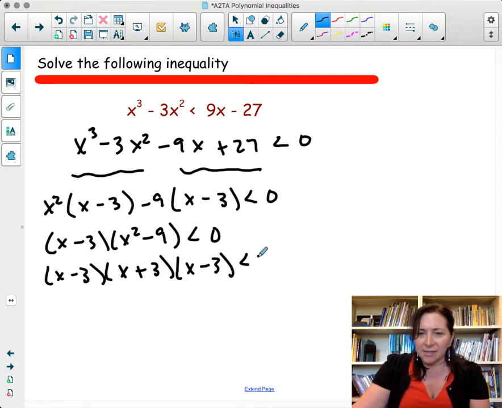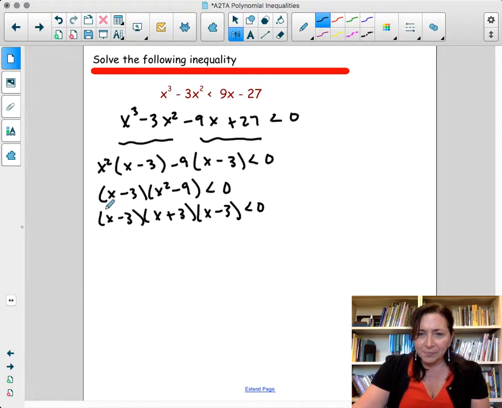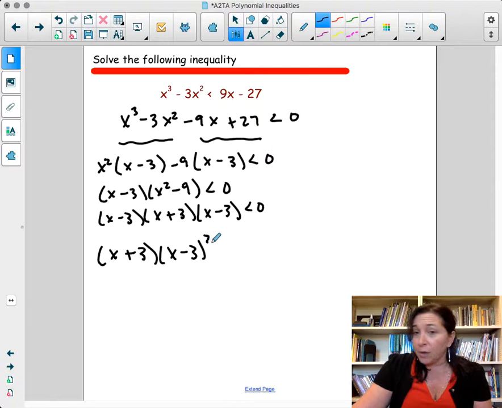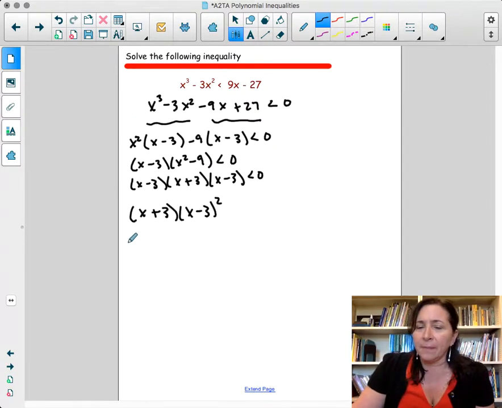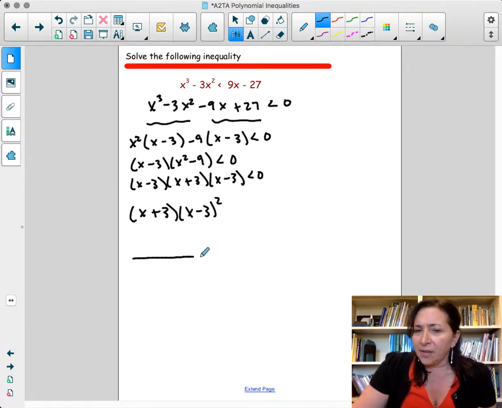Okay, so less than 0. Look at this: x plus 3, and now you have x minus 3 quantity squared. If I were doing sign pattern testing, let's put this on here. I have -3 and I have +3.